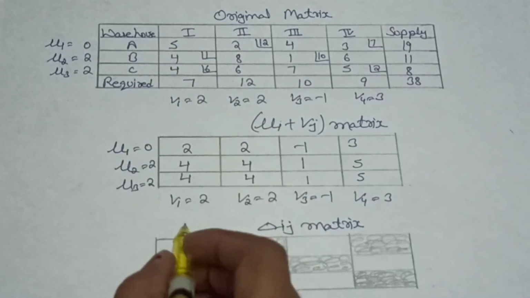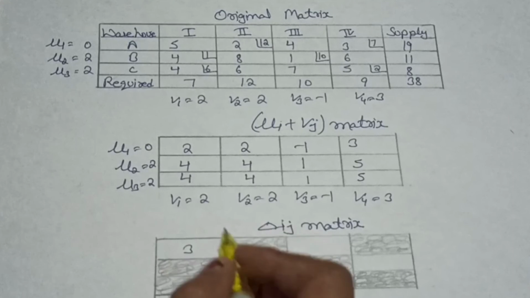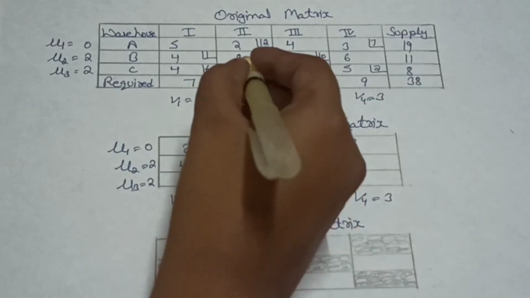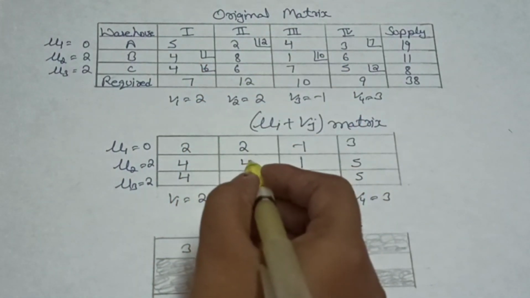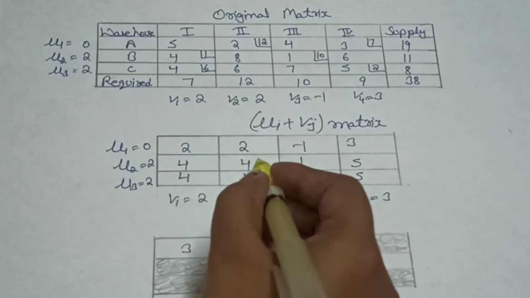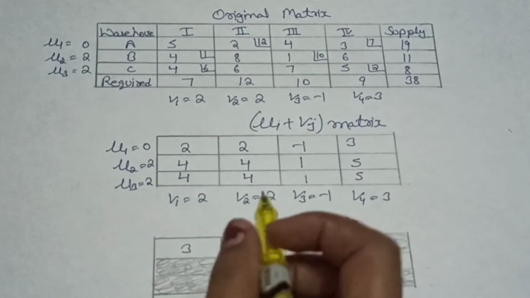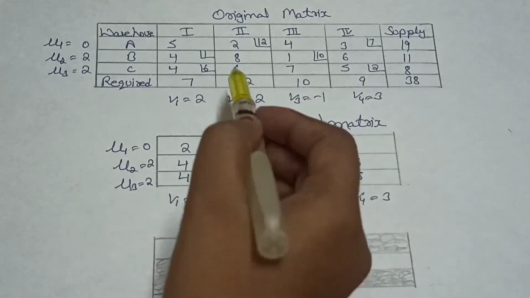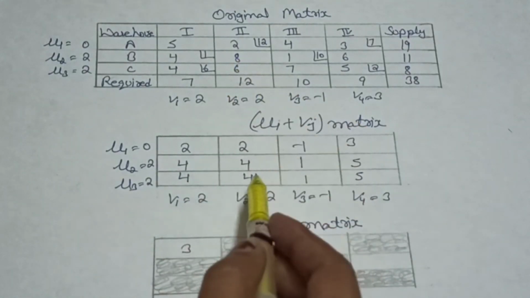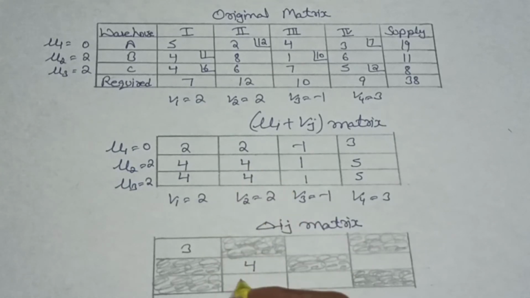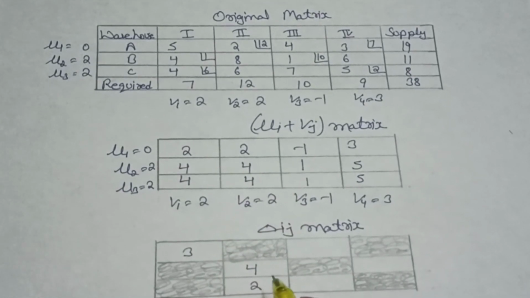So 5 minus 2 is equal to 3. For this cell we have 8 in the original matrix and 4 in the ui plus vj matrix. So we can say 8 minus 4 is equal to 4. For this cell we have 6 in the original matrix and 4 in the ui plus vj matrix. So we can say 6 minus 4 is equal to 2.